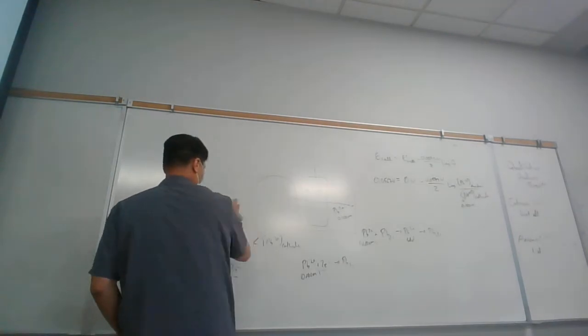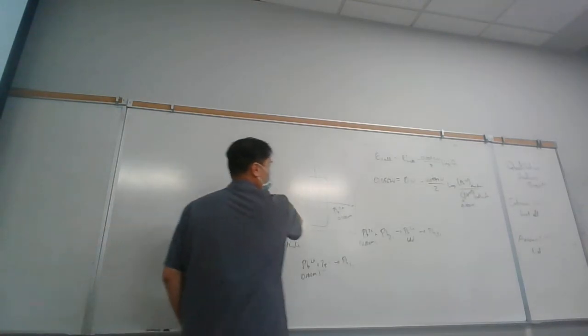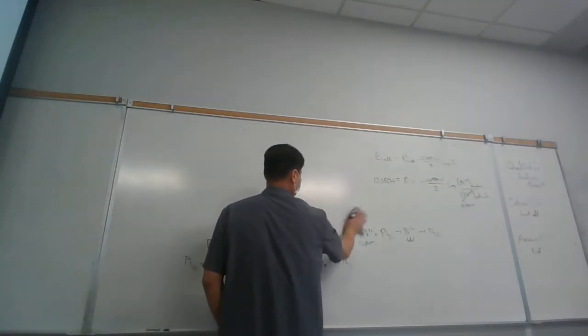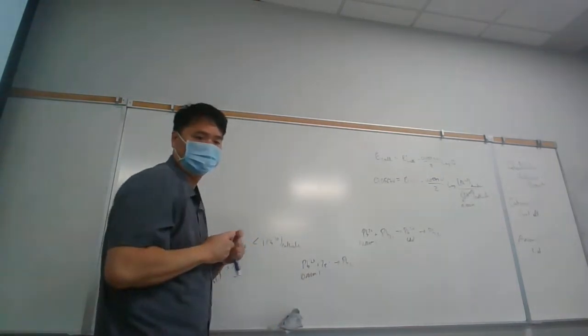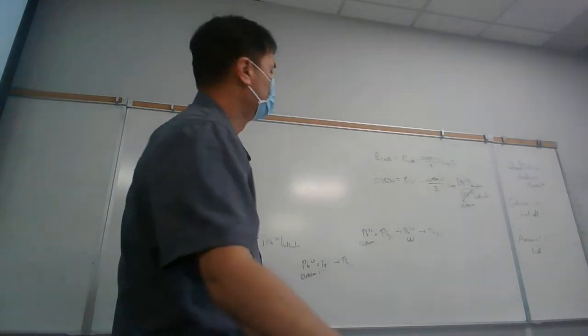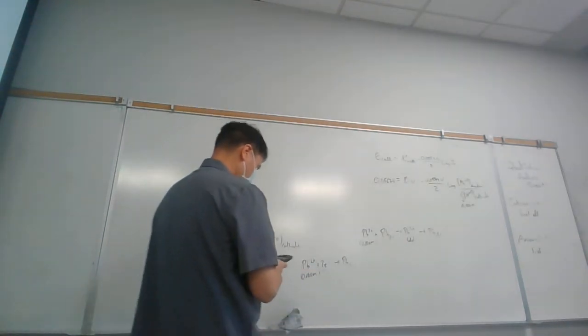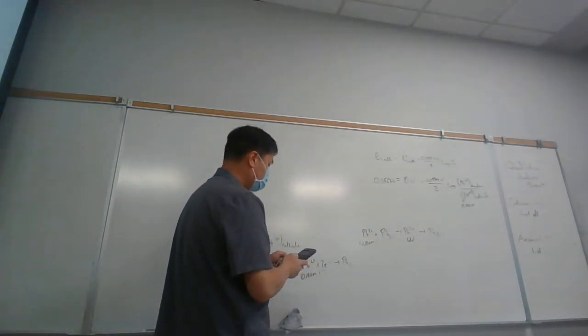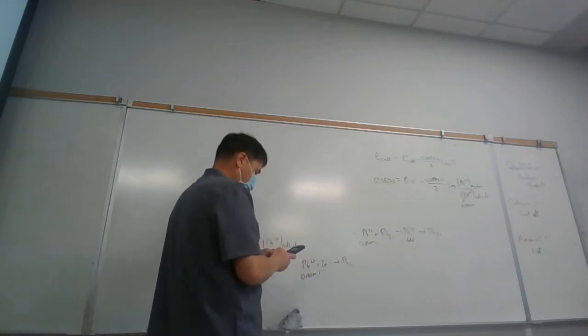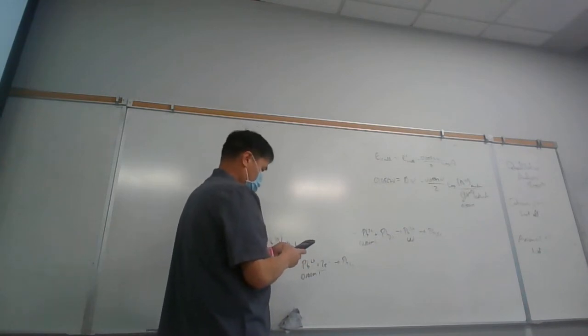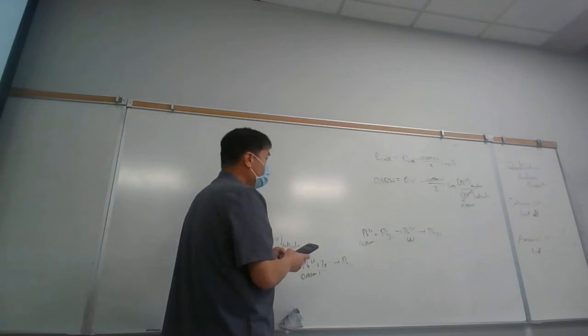And so let's solve for the Pb2+ concentration at the anode. We have 0.0567 times 2 divided by 0.0592.